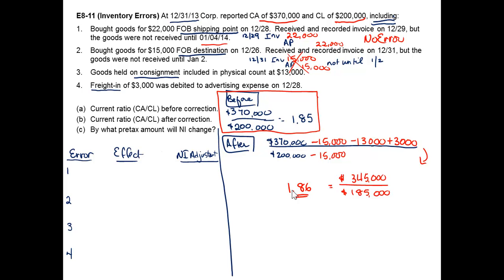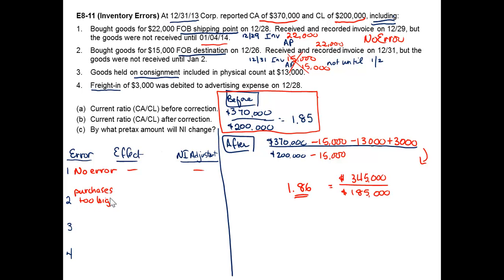In Part C, we're going to look at the impact on net income. We said for number 1, there was no error, so there's no effect and there's no net income adjustment. In number 2, our purchases were too high, too big.